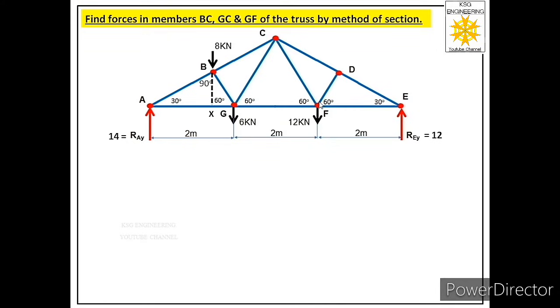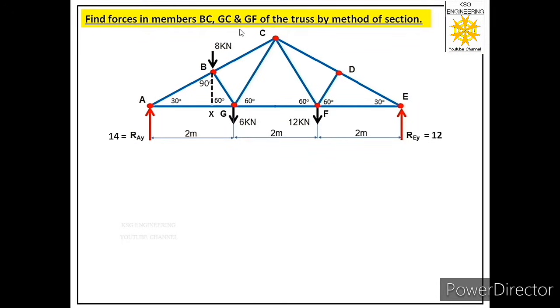Now we have to decide a section in order to cut this truss, and we know we have to cut this truss in such a way that section must cut at the most 3 members of the truss, and those cut members must include the members of the truss for which we have to find the forces. Now you can see we have to find forces for 3 members BC, GC and GF.